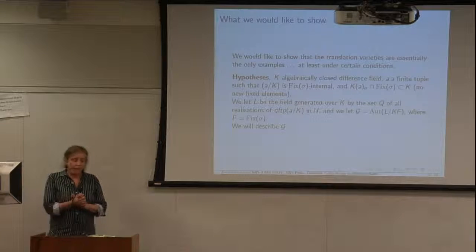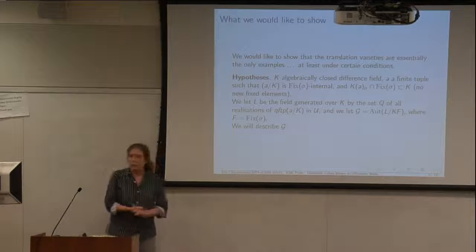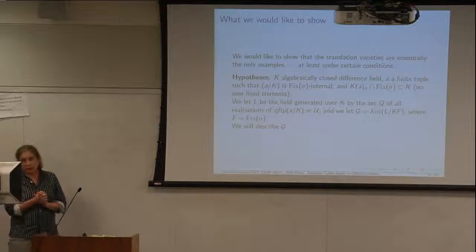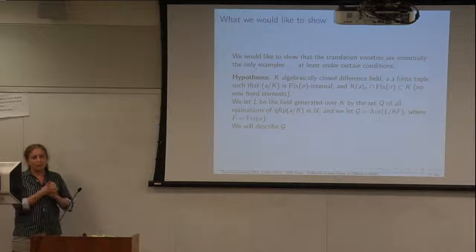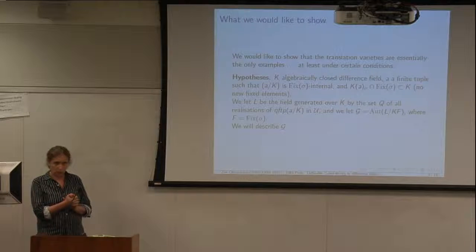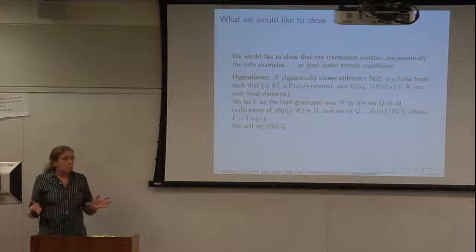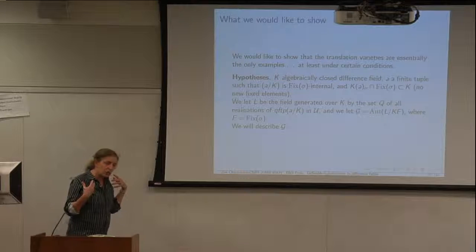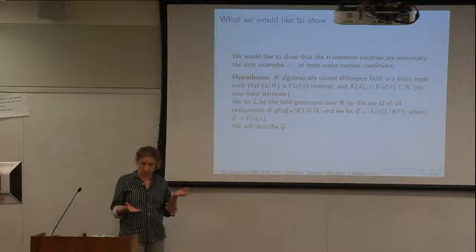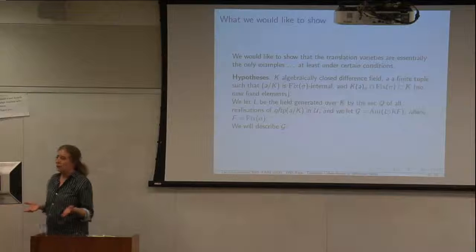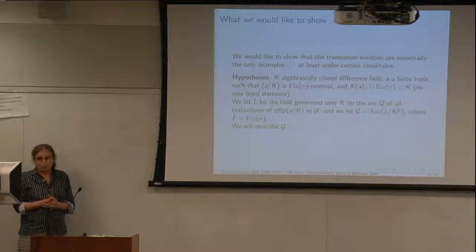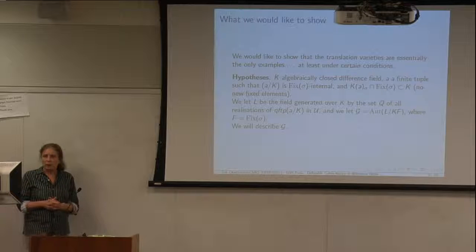And we are looking at the field L, which is generated over K inside U by the set Q of all realizations of the quantifier free type of A over K in U. In other words, the difference field they generate over K is isomorphic to the one generated by A over K. And we look at G, which is the automorphism group of L over K and the fixed field F, where F is fixed sigma.